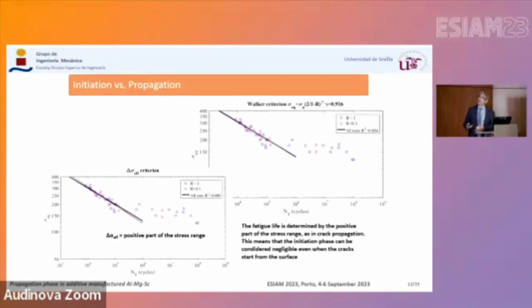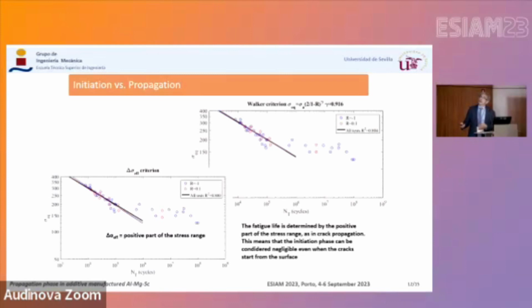And finally, we tried the Walker criterion with this equation, and it uses this fitting parameter that we see here, almost 1. And in this case, the two groups of tests collapse into each other. And the coefficient here is 0.8.